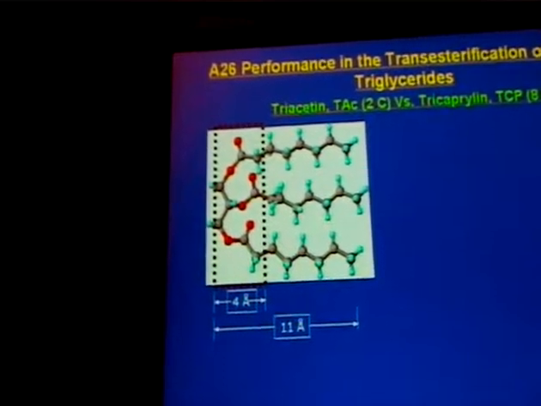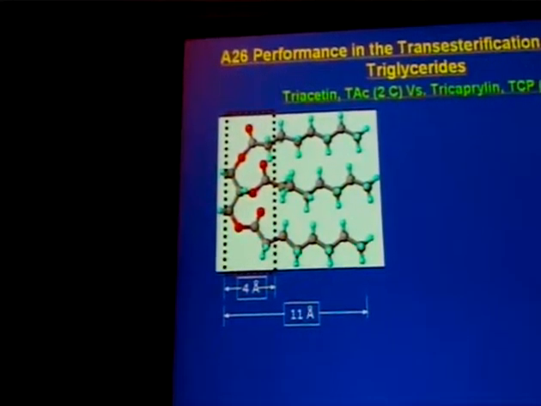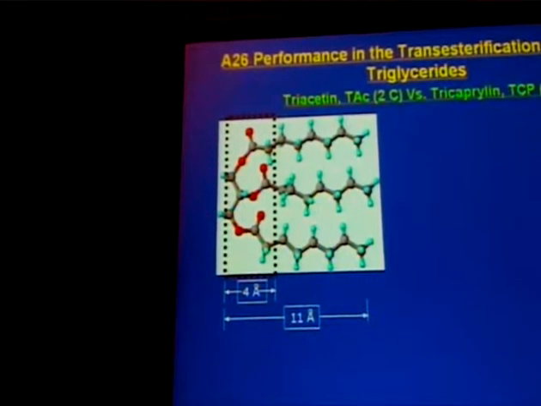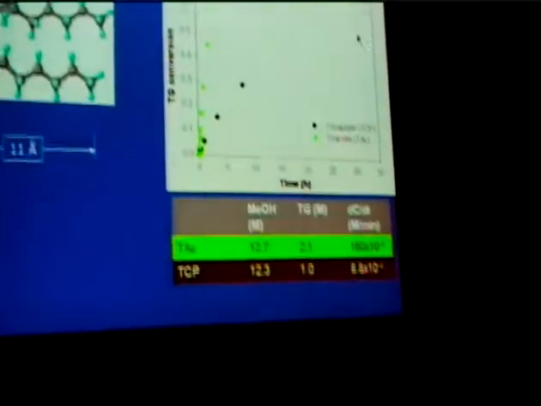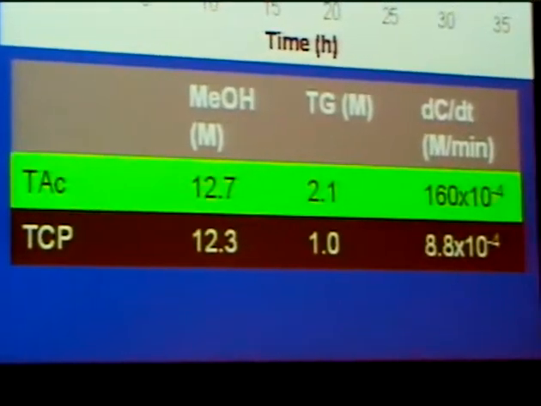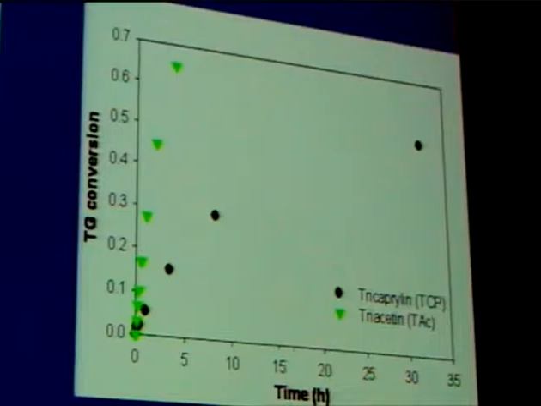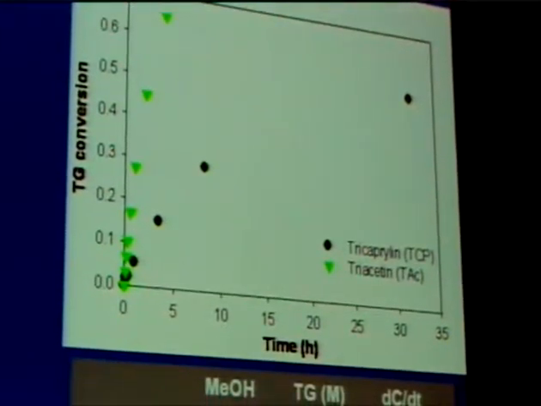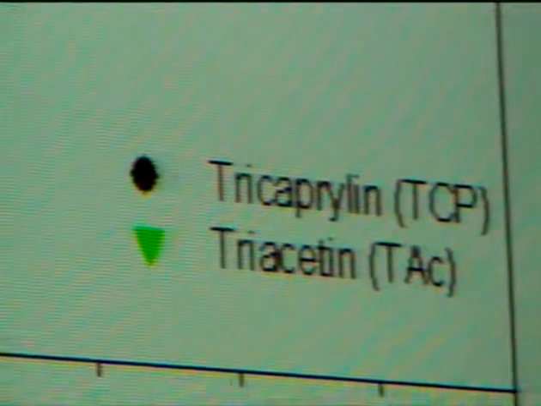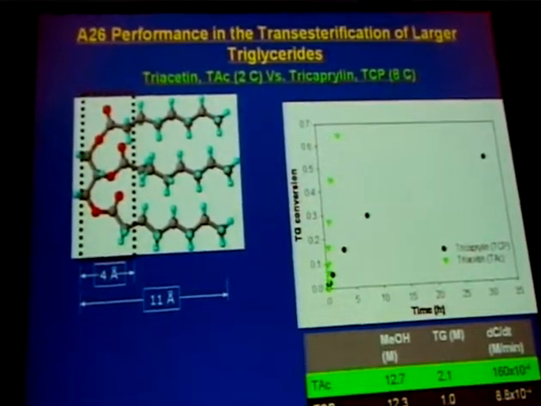So the molecule is about 3 to 4 times bigger than triacetin. We tried the transesterification of this molecule with methanol, and what you find is that the activity drops by a lot. You lose almost 20 times the activity that you saw for the small triglyceride.